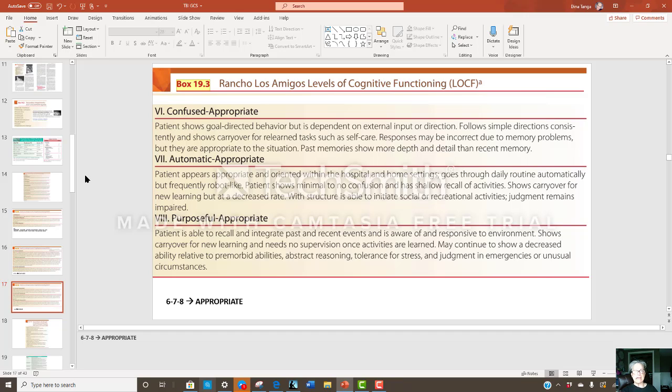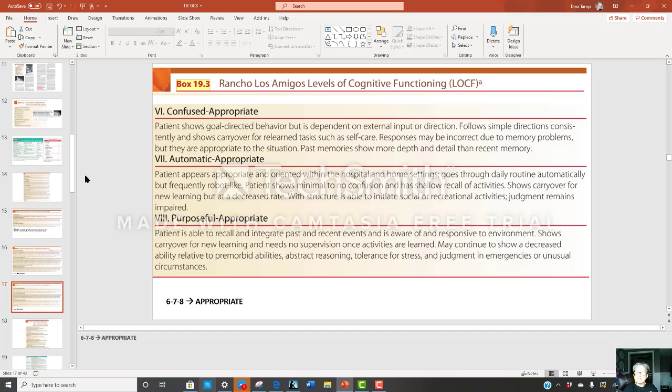But when they get to an 8, the patient's able to recall and integrate the past. My daughter got married 10 years ago. And recent events, hey, they had a baby 2 months ago. He's able to integrate the past and recent and is aware of and responsive to the environment.